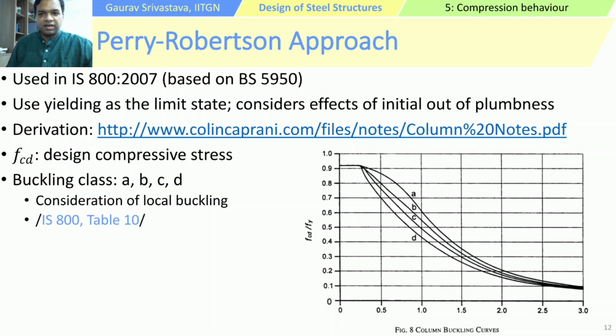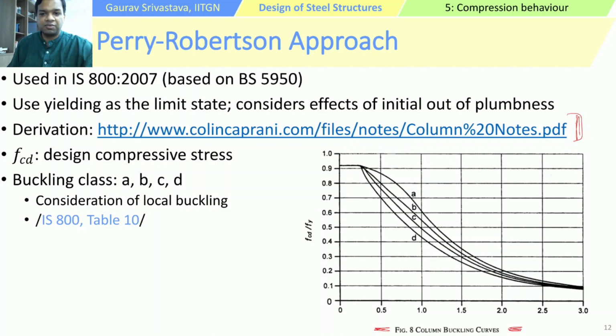We are not going to derive this in this session, but in case you are interested in looking at the derivation, please do follow this link. So there is a very nice description and derivation of the Perry-Robertson approach and how the column curves can be obtained from there. Okay, so the current Indian code IS 800 uses this Perry-Robertson approach to develop the column buckling curves or the column strength curves.